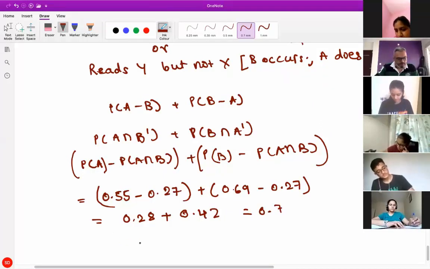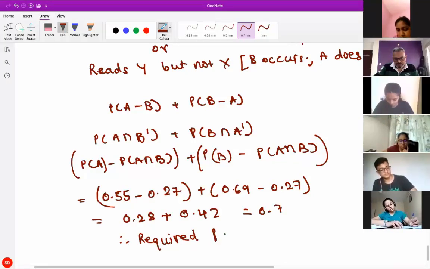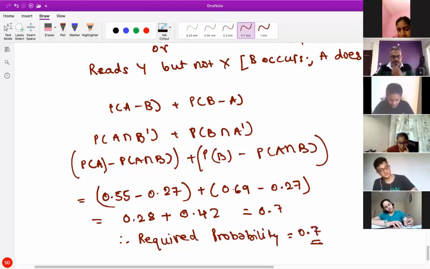So therefore, required probability is equal to 0.7. Please write these formulas.